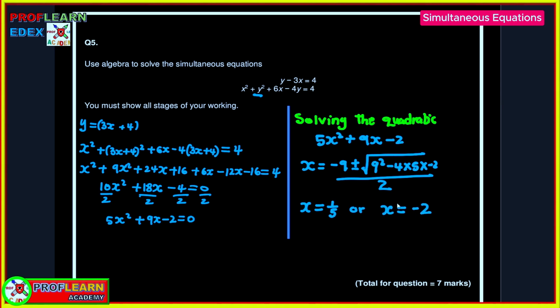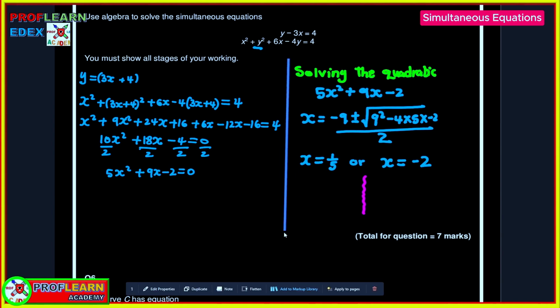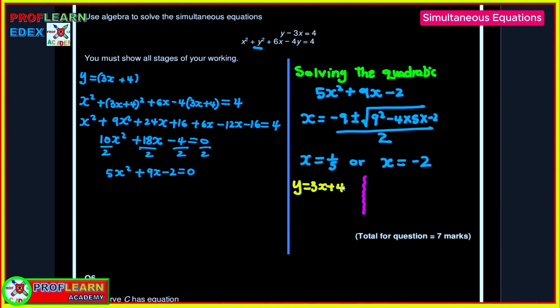So you see we have two values of x, so we are going to get two values of y. When x is 1 over 5, we can substitute into this equation and work out the value of y. We are going to get y equal to 3 over 5 plus 4, and you can just put it in a calculator and work it out.